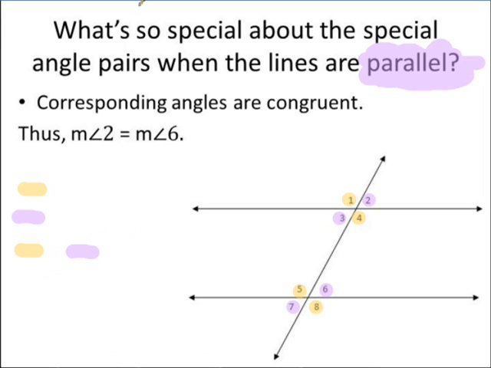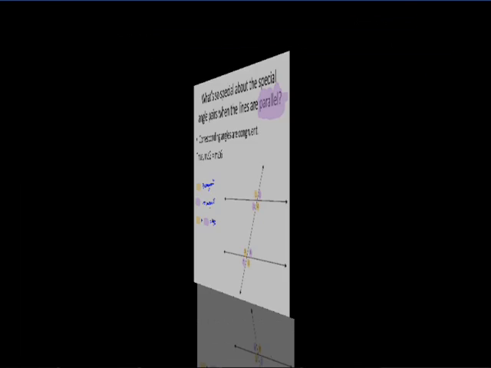Same color means congruent. If they are different colors, then they add up to 180. I've had students do this in the past to check it: color it in like a checkerboard, and if they're the same color, they're congruent, and if they're different colors, they add up to 180.